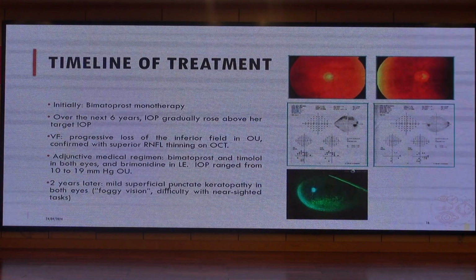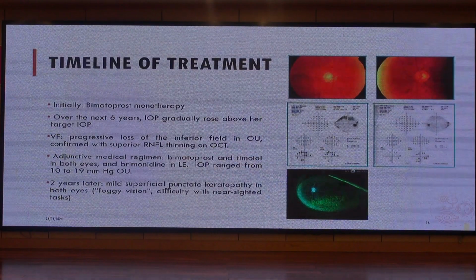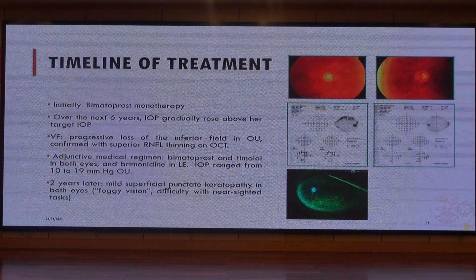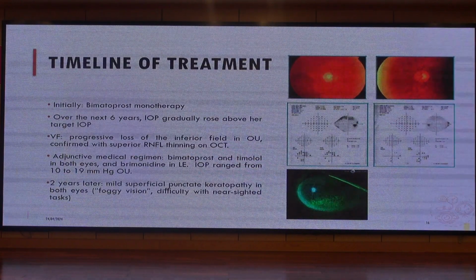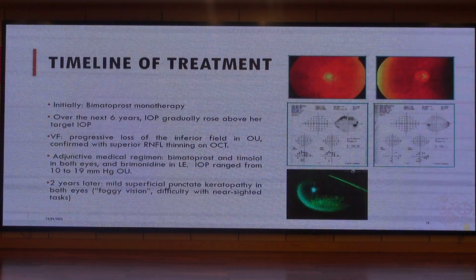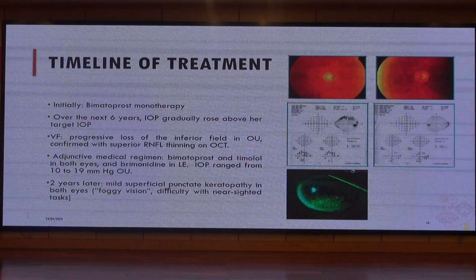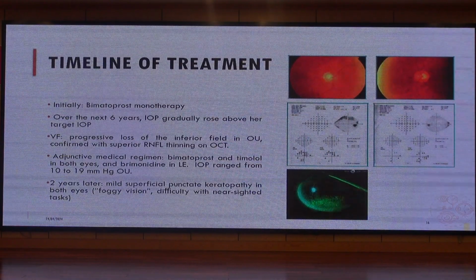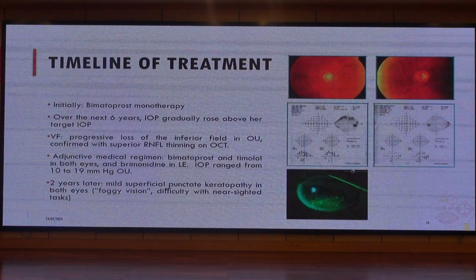After that, the patient was indicated for an adjunctive medical regimen including latanoprost and timolol in both eyes, and brimonidine in the left eye. The IOP ranged very widely from 10 to 19 mmHg in both eyes.